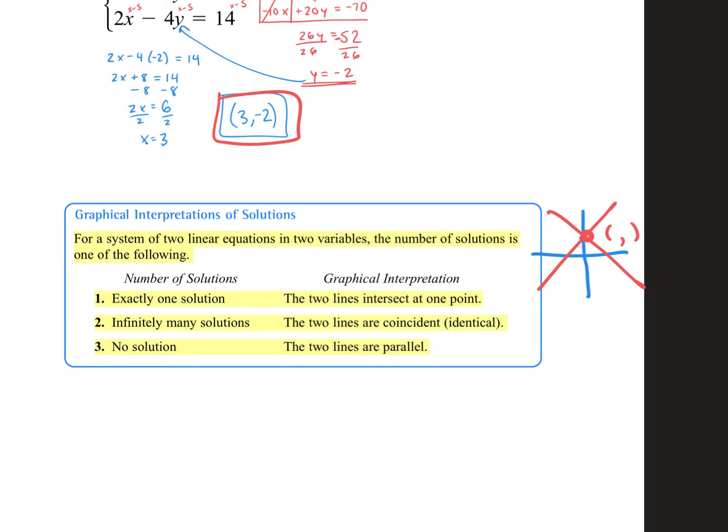So that's when we have exactly one solution. If my 2 lines were the same exact line, then I have infinitely many solutions. When we work this out algebraically, if we get 0 is equal to 0, that means that we have infinitely many solutions.